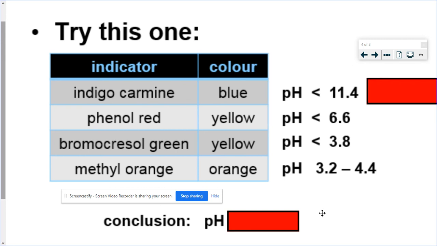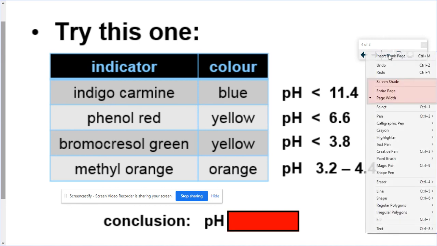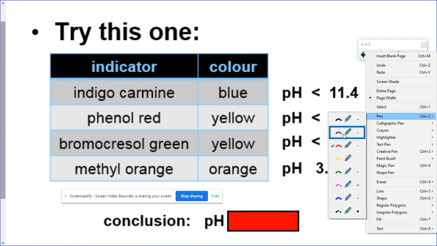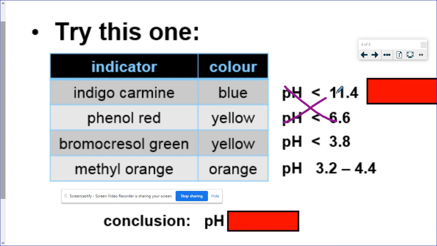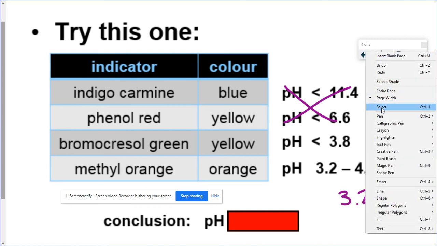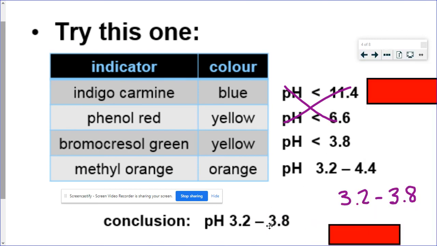So the conclusion that I can make, knowing full well now that these two are of really no help to me, is that my solution has to be less than 3.8, but between 3.2 and 4.4. So I know that it has to be between 3.2 and 3.8. That is the conclusion that I can make here. 3.2 to 3.8.